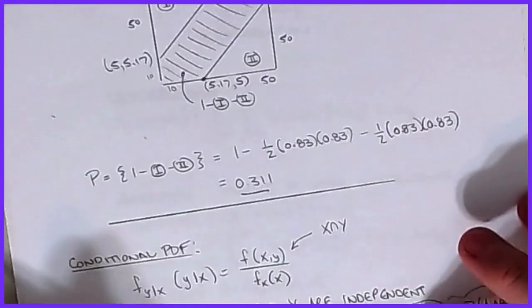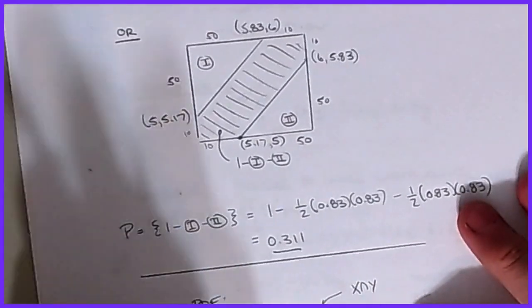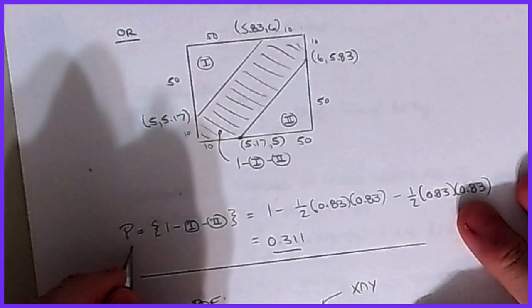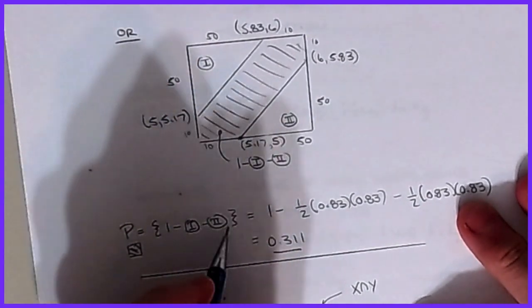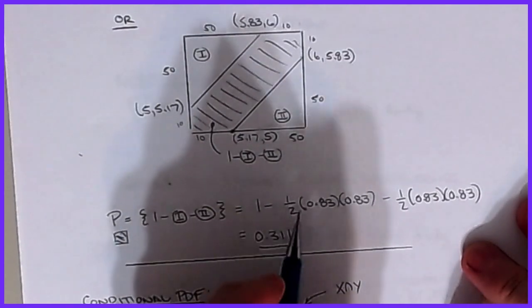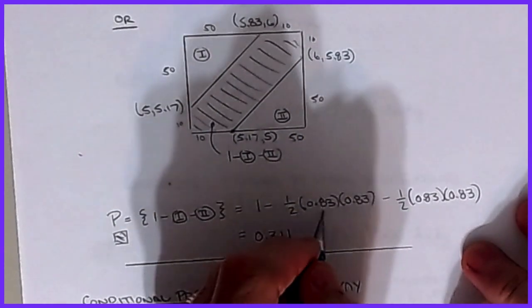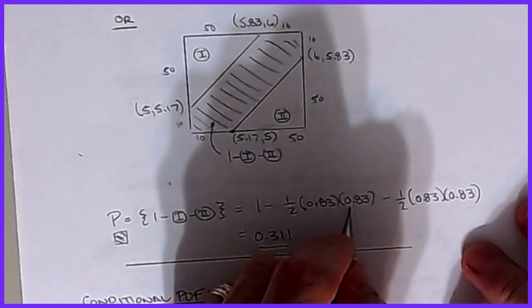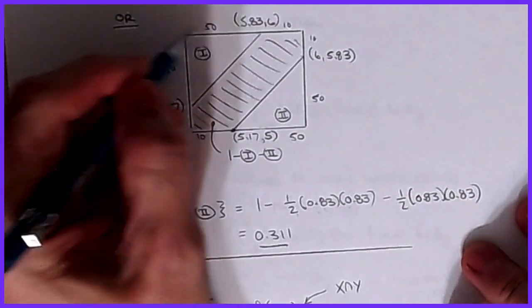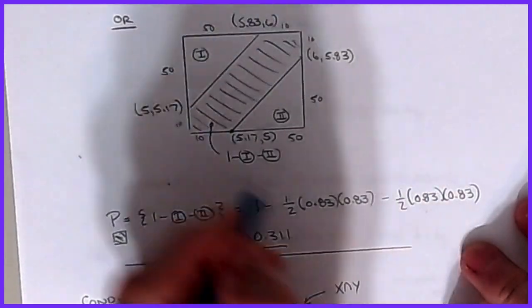If we look at the probability of my shaded region, because that's what I'm looking for, it is 1 minus number 1 minus number 2. So it's 1 minus, and this is going to be one half of my 50 minutes, which is 0.83 hours, and then 0.83, so it's 0.83 this way, 0.83 that way. It gets me this term, and then I do the same thing on the other corner.